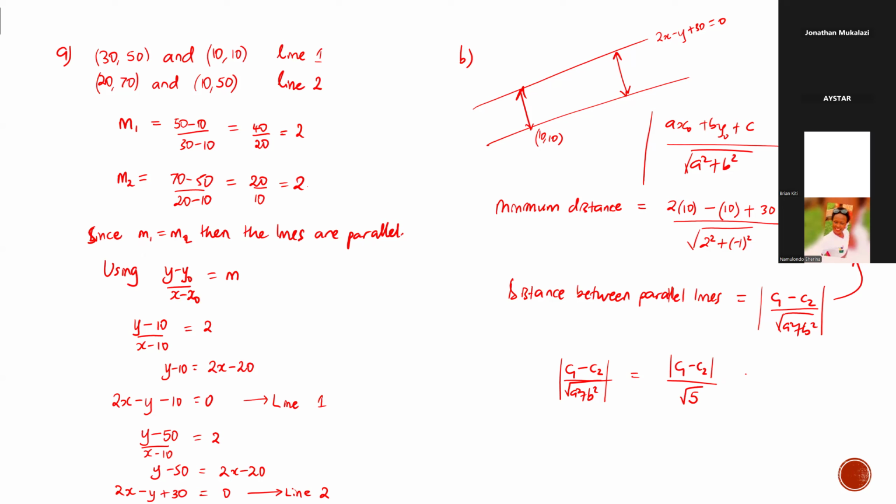If we need this to be equal to 100, then that means the absolute value of C1 minus C2 will have to be equal to 100 root 5 centimeters. So this would be the minimum distance for the y-intercept, for us to have at least 100 centimeters being the minimum distance between the two lines.